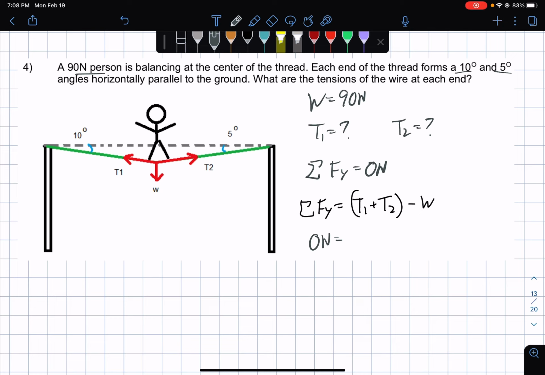But before that though, we have to utilize this formula. T1y is equal to T1 sine theta. T2y is equal to T2 sine theta. T1y is what we're looking for, which is this, as well as T2y, which is that. So T1 is equal to, well, we don't know.